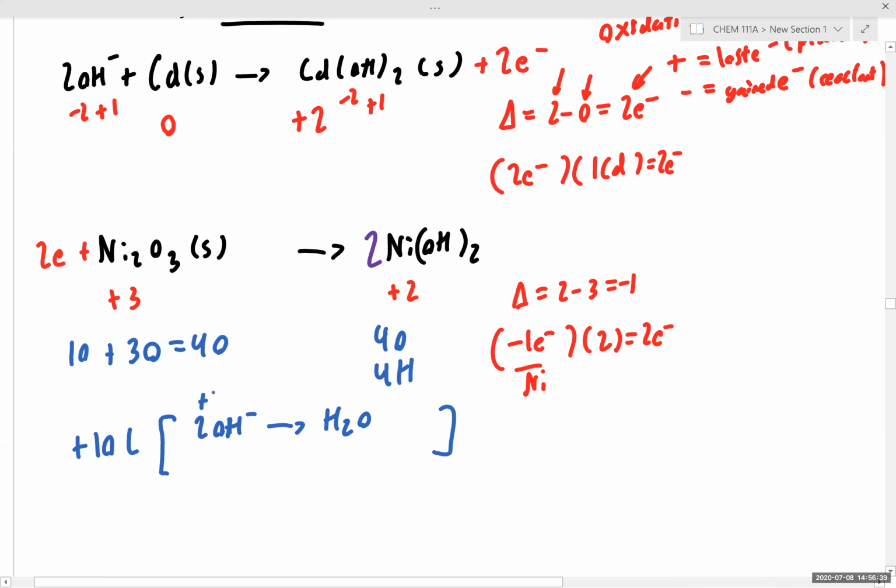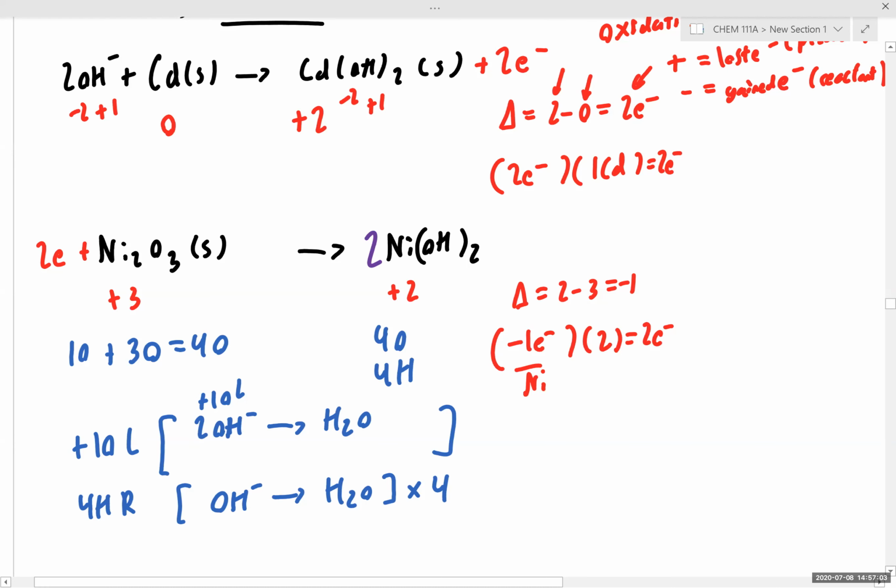That gives us +1 oxygen to the right. And we also need +1 oxygen to the left. We need 4 hydrogens to the right. So then we're going to add the pair of OH to H2O, and we're going to multiply it by 4.